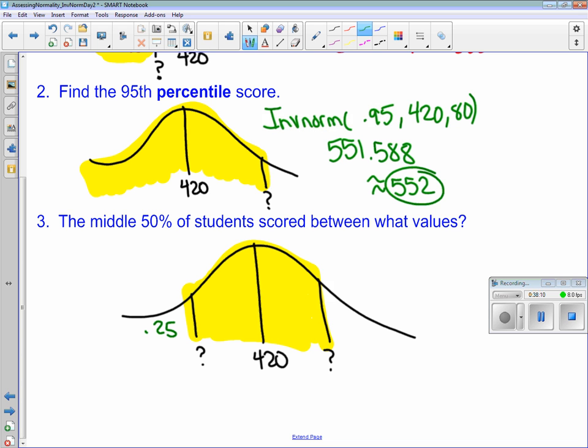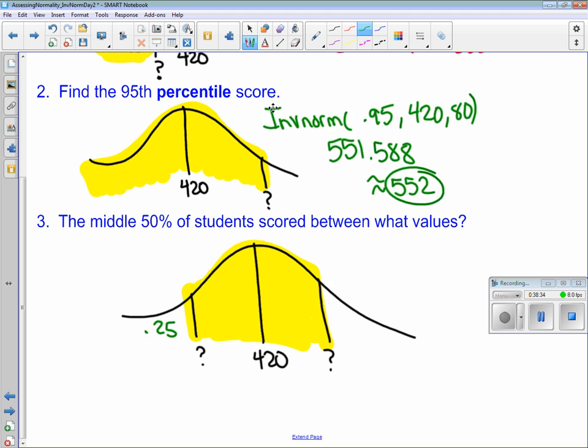How does that help me? Are we okay with how it got to be 25? Because if the shaded region is 50, then the tails have to add up to be 50 also, right? So one tail is 25%. Why is that important? I have to know that. To find this first number, aren't I looking at 25%?